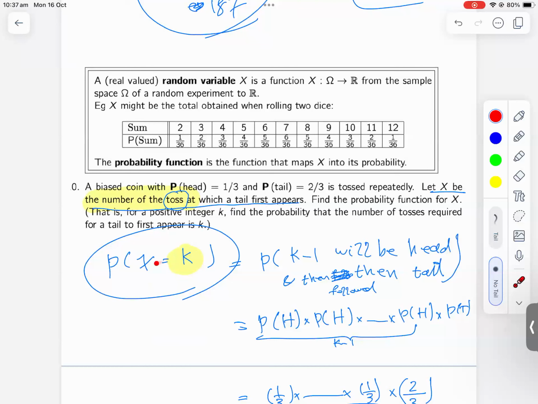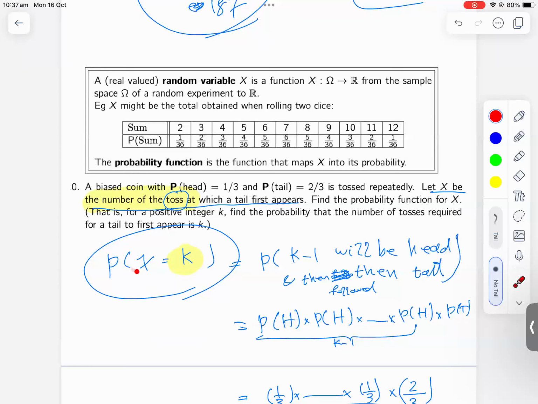So probability of X equals k, where X is the number of tosses. X equals k means in k tosses we see the tail for the first time. It means previously we had only heads, so k minus 1 heads, and then the tail.